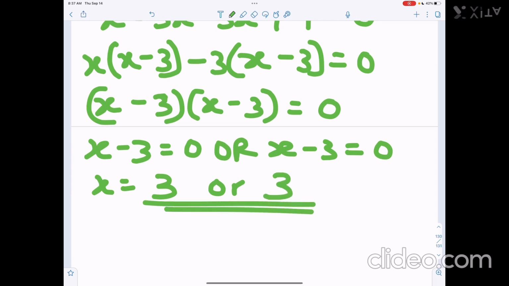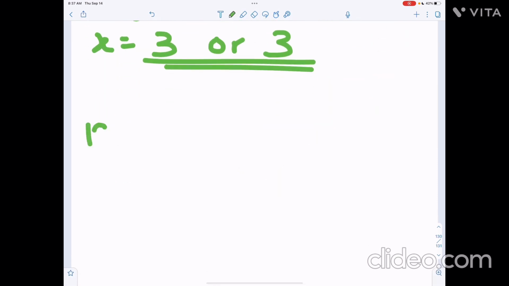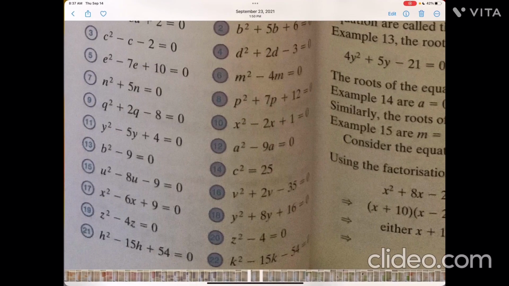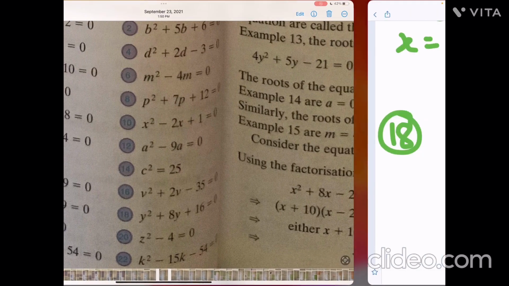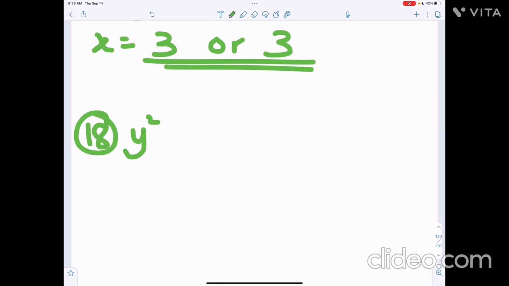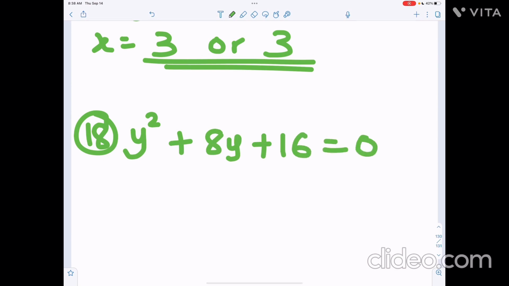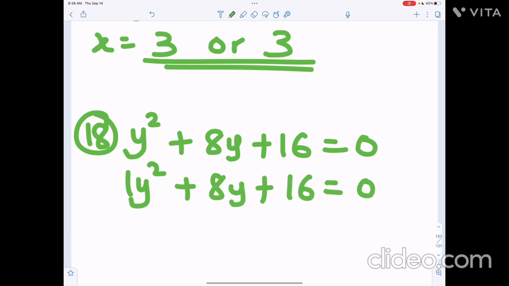So that's my answer to number 17. Number 18 says y squared plus 8y plus 16 is 0. y squared is the same thing as 1y squared, plus 8y plus 16 is 0.